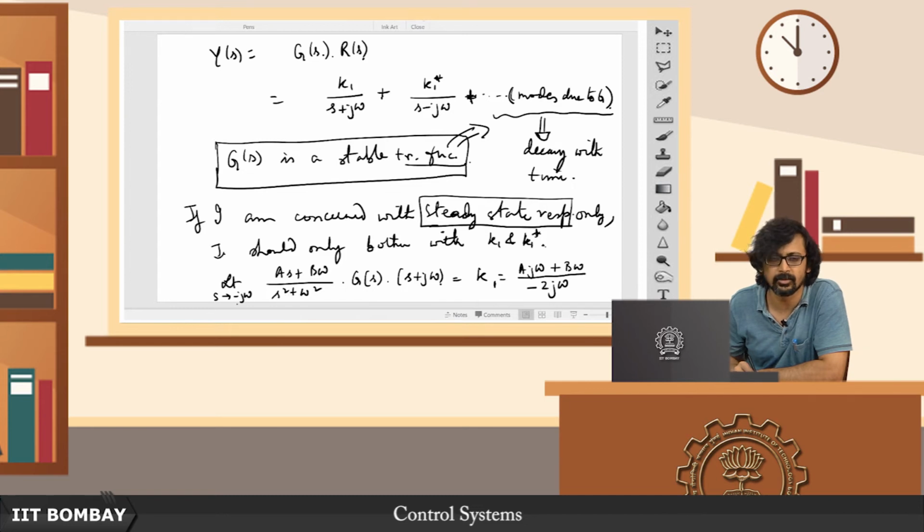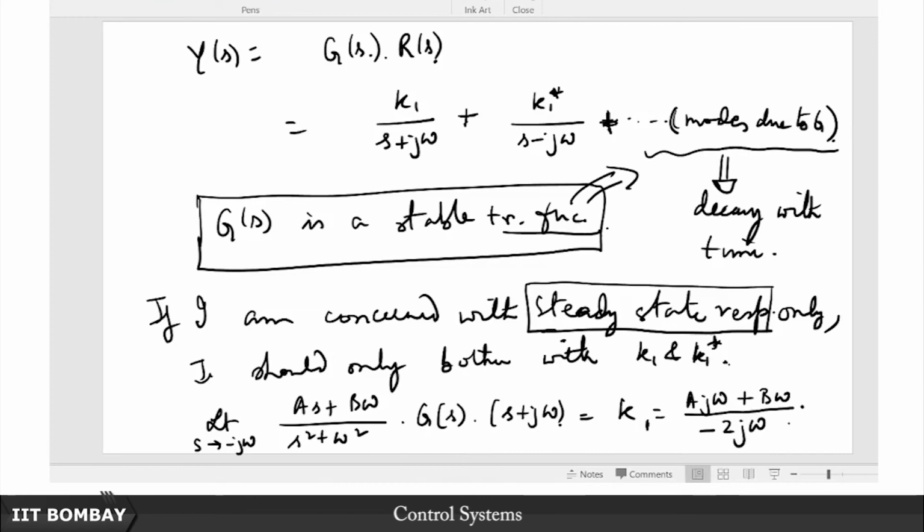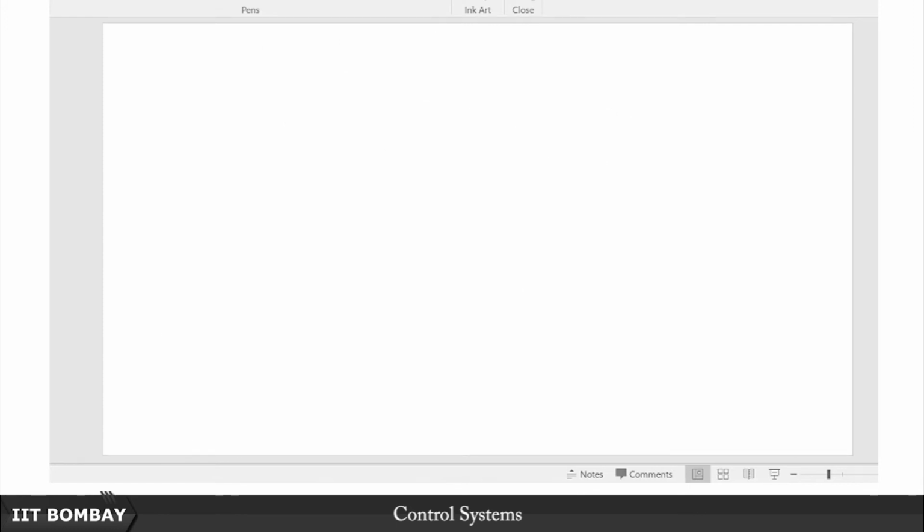So when you substitute s equal to minus j omega, you get minus 2j omega times G of j omega, right? So let me write that down.